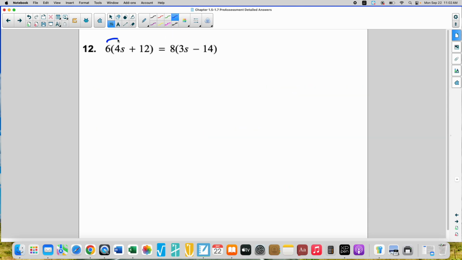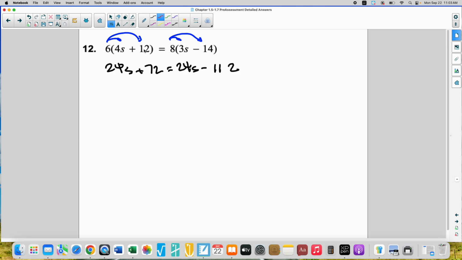All right, let's distribute. 24s plus 72 equals 24s minus, what's that going to be? That's 8 times 12 is 96 plus 16, 112.